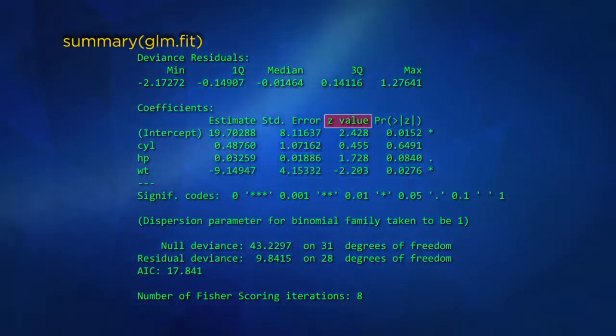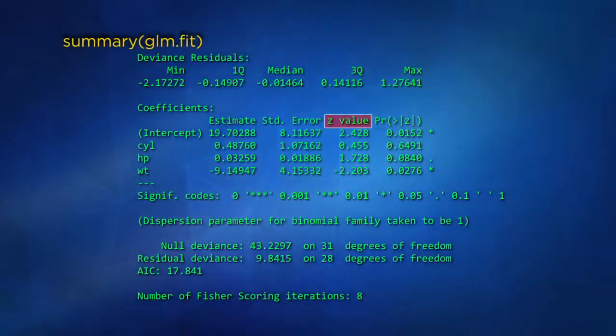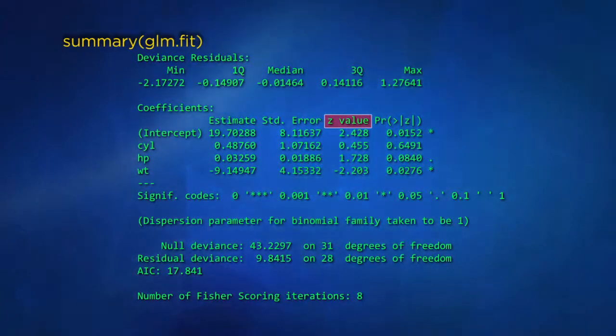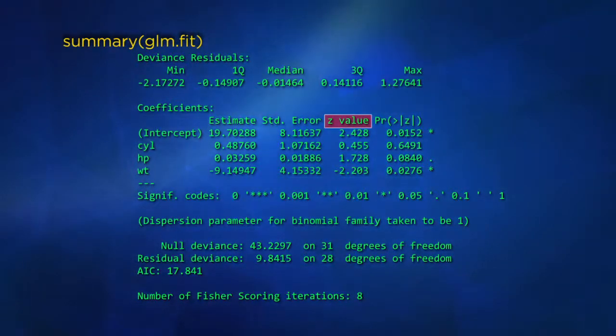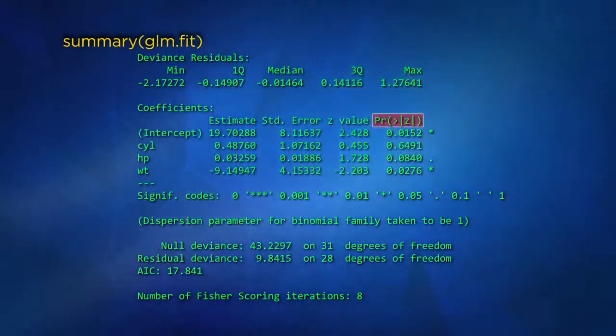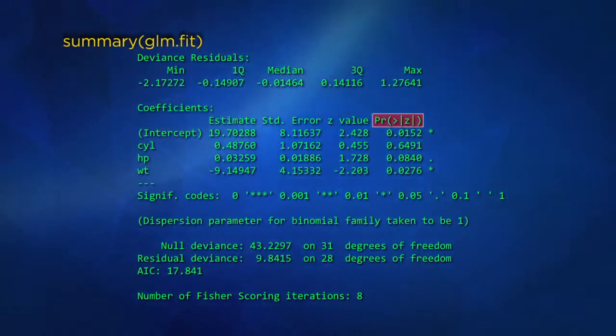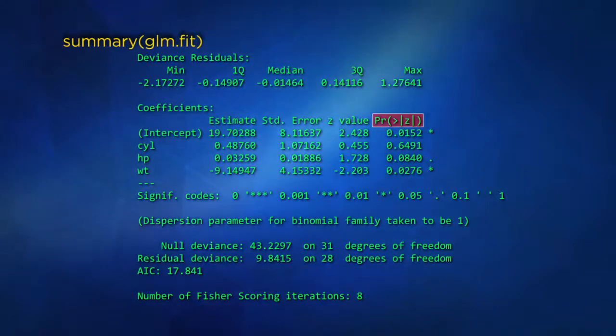We also see the associated z value. So this is our z test statistic that tests whether our coefficients are individually significant. And the last column is the p-value. Remember, p-values that are less than 0.05 indicate that our coefficient is statistically significant.